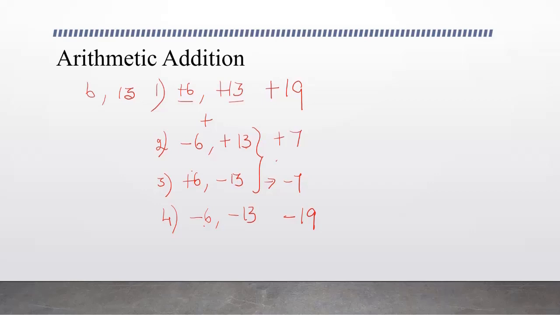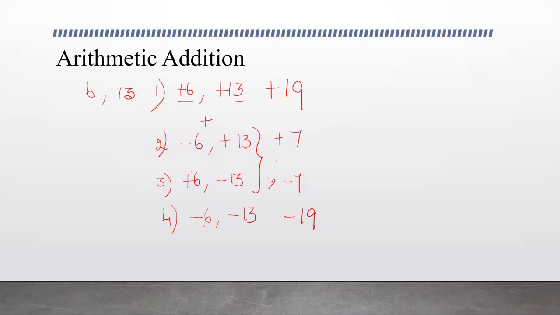To make this process simple, we use the 2's complement system. When we use the 2's complement system, all we need to do is add and complement. So the two operations required are complementation and addition. So the procedure becomes simple. The procedure to add the two numbers using 2's complement is just add the two numbers, and if any number is negative, we need to find the 2's complement of that particular number.